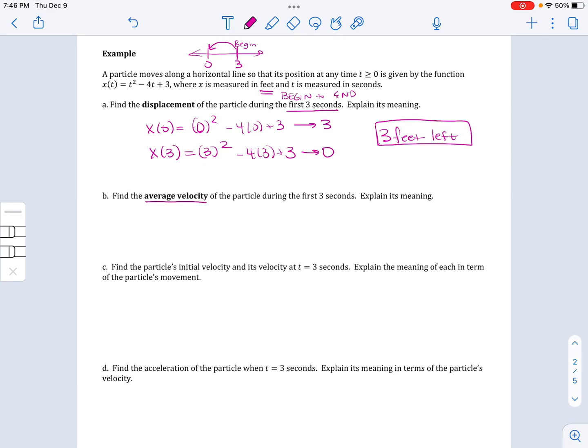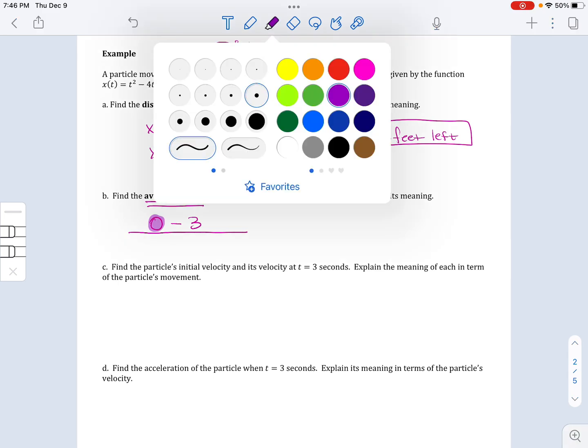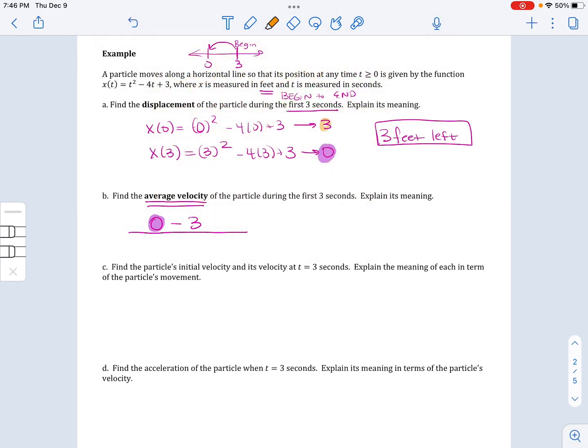Average velocity, I can do that pretty quickly, is basically the beginning to the end. So I ended at 0. I began at 3. It's basically like rise over run. Ending minus starting point.